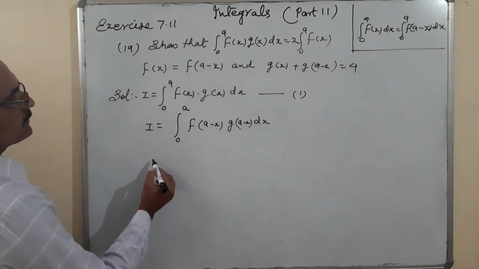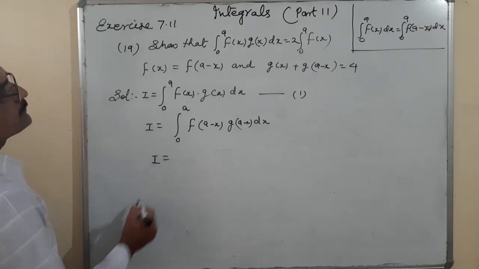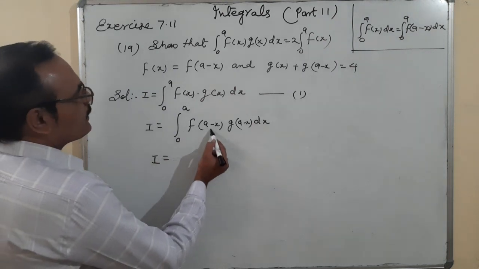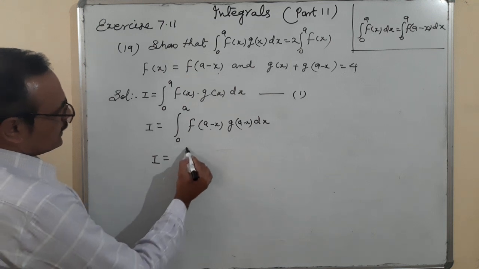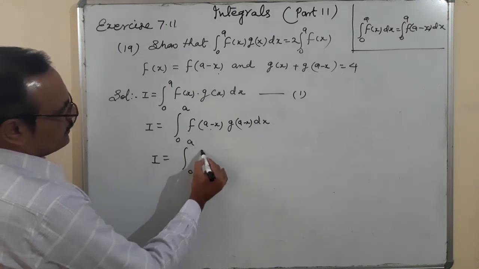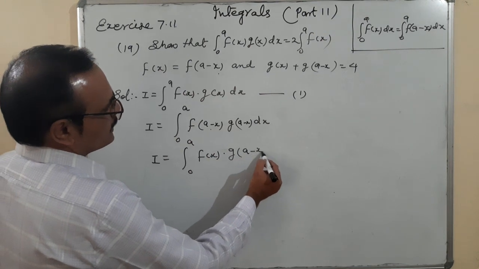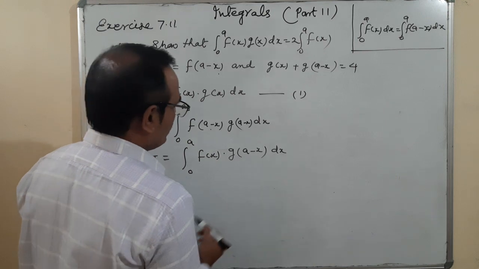After that, I is equal to, here the condition is given, f of a minus x is equal to f of x. So when I replace it, the integral from 0 to a of f of x into g of a minus x dx. Okay.